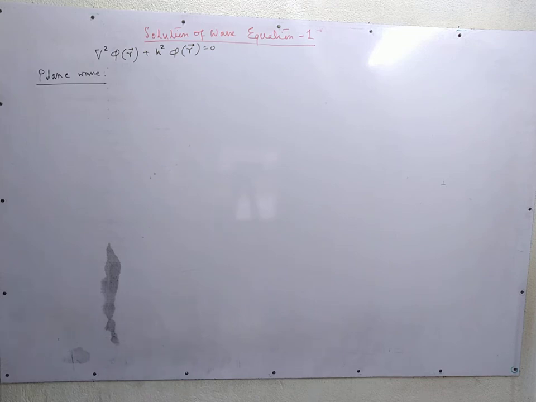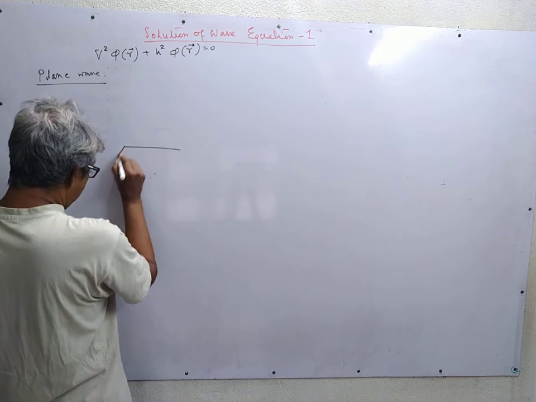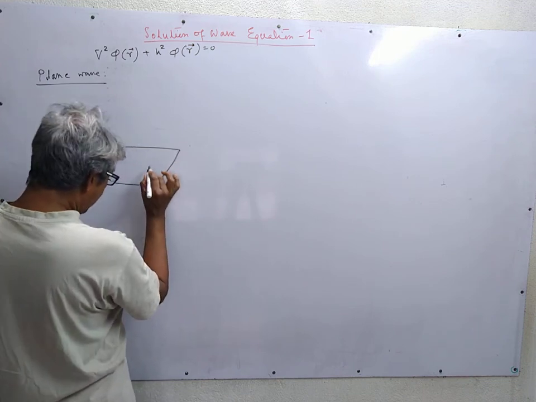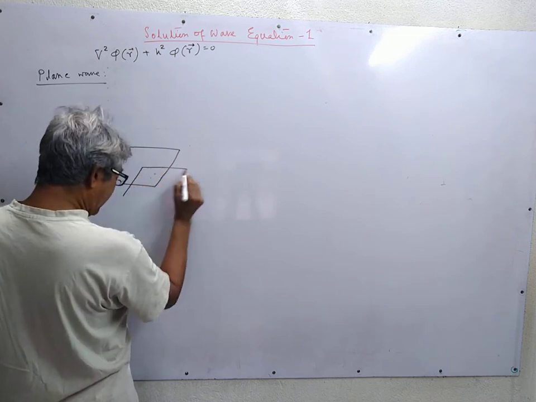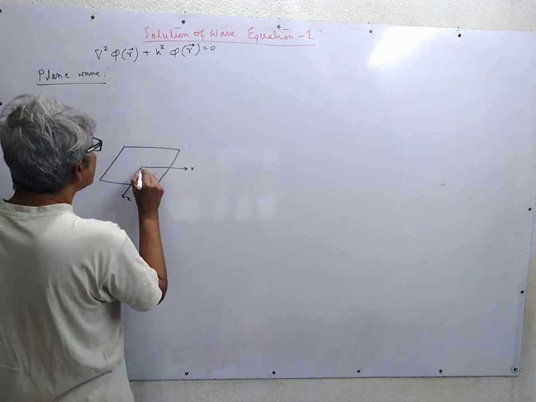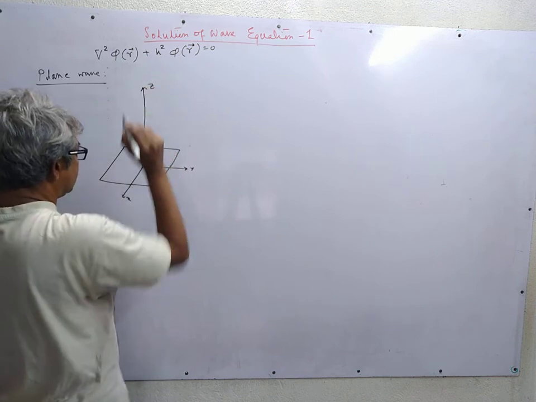Another way of realizing plane wave is this. Consider an xy plane, and we arrange identical coherent point sources symmetrically on the xy plane, and we assume the wave propagation in z direction.